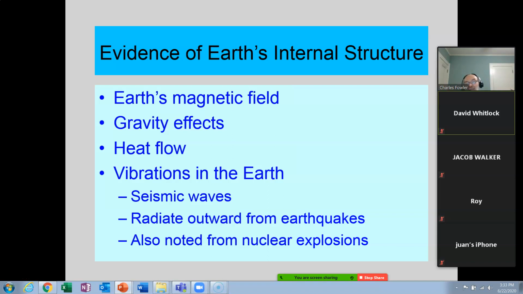If anyone's doing any nuclear testing, everybody knows, because there's an international agreement to share the data on earthquakes, okay, and that also shares it on nuclear explosions. Okay, so we're going to really be focusing on that feature, the seismic waves. They tell us an incredible amount of information about the Earth's internal structure.